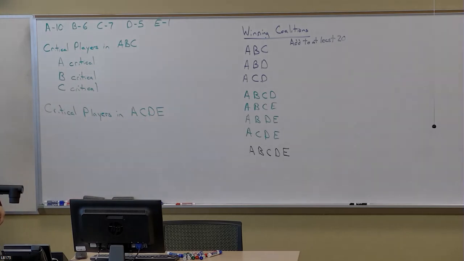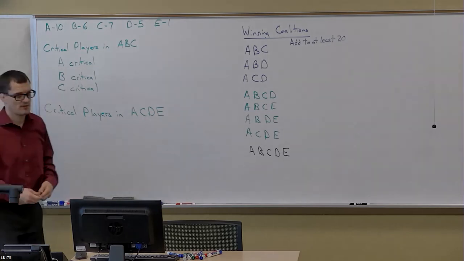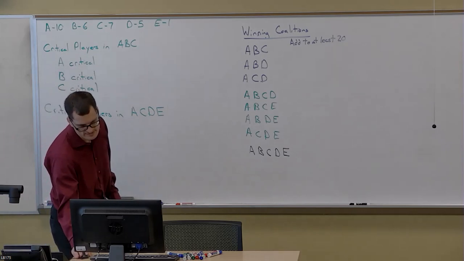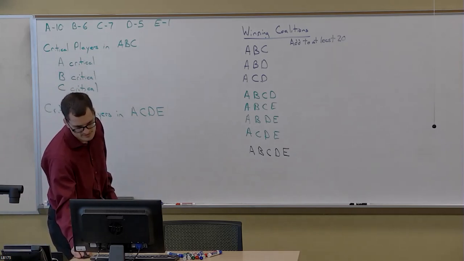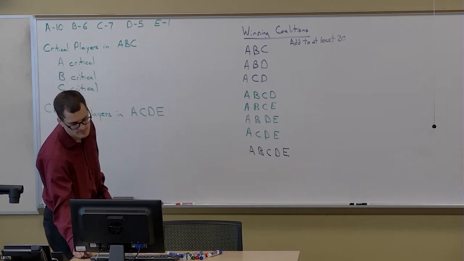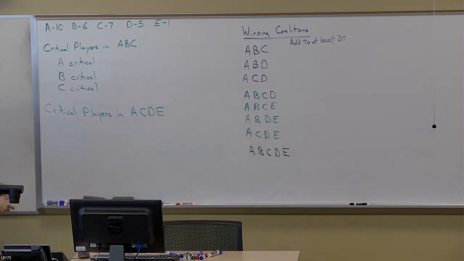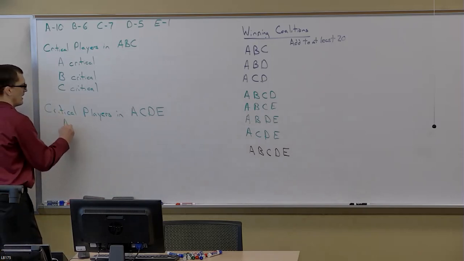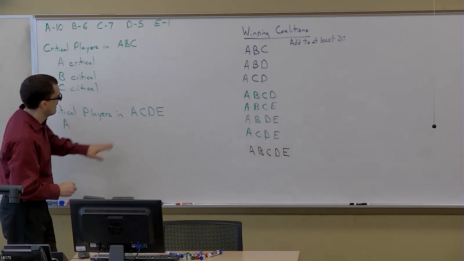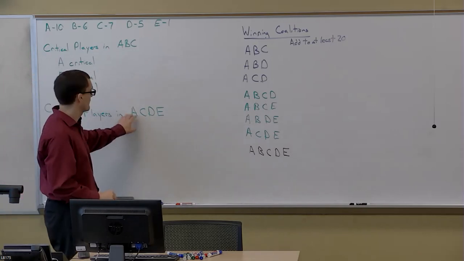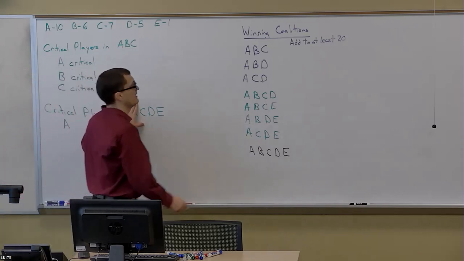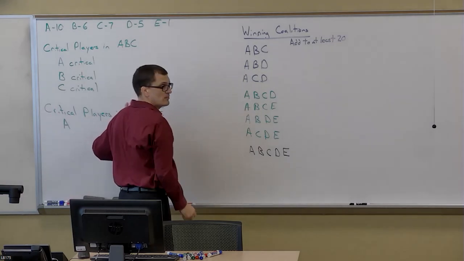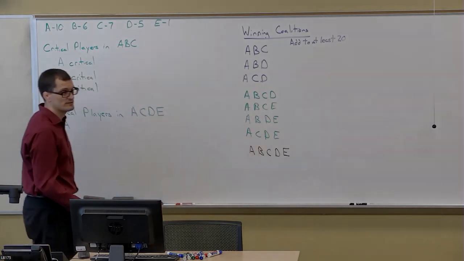Now let's look at the other coalition I had listed on that slide, A, C, D, E. Sure, I got that, A, C, D. All right, let's look at A. If I drop out A, I'm left with C, D, E. C, D, E is not a winning coalition, so A was important.